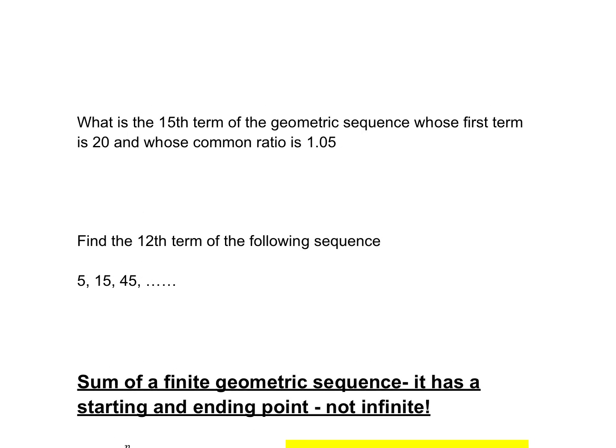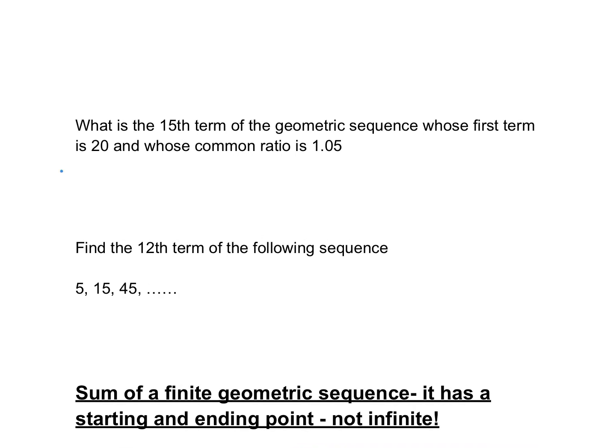What is the 15th term of the geometric sequence whose first term is 20? That means that we have our first term, a sub 1, is 20, and my common ratio is 1.05.